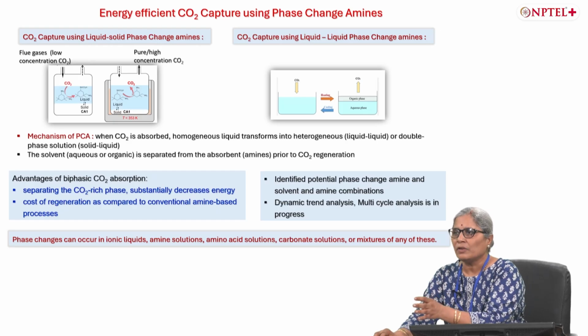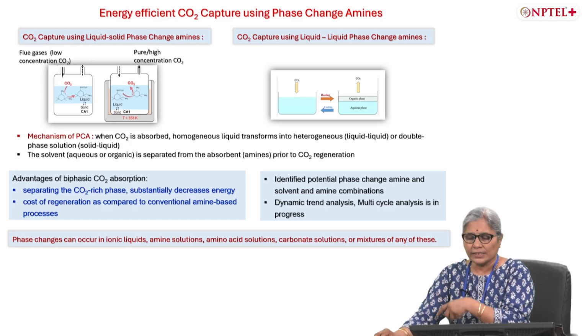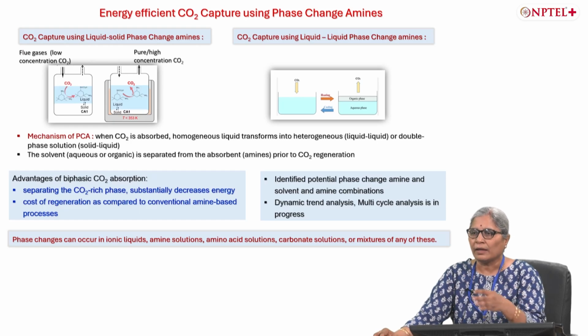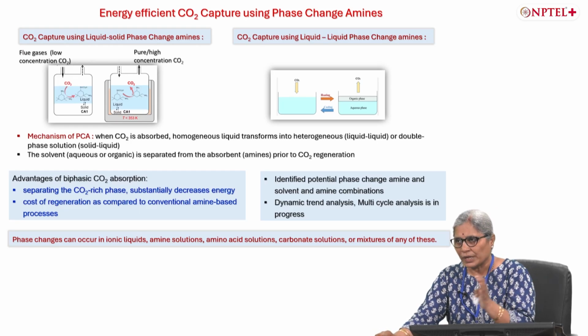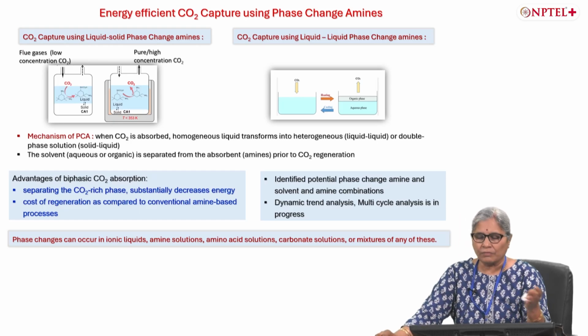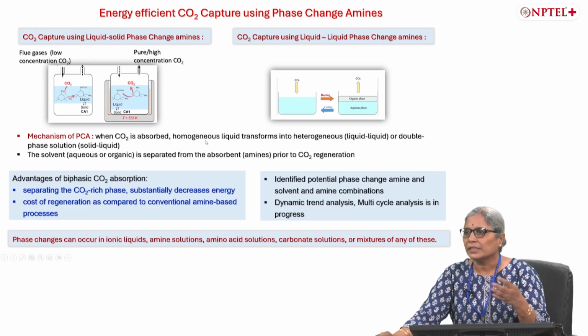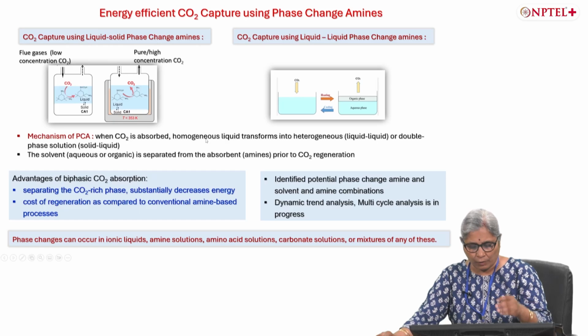Once the solid phase is formed, it is easy to separate out, and unlike the traditional method, the regeneration energy will be much less compared to the conventional method. In that way, we can save a lot of operating cost.